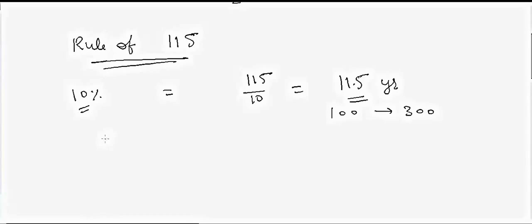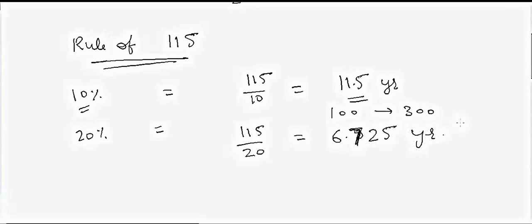And in the same way, if it's 20%, then it would be 115 divided by 20, that is equal to 5.75, no, 5.75 years. So this is an approximation you can do when you want to triple your investment.